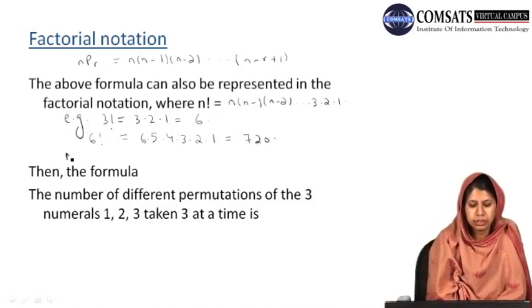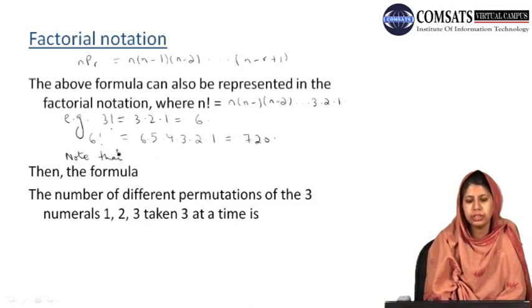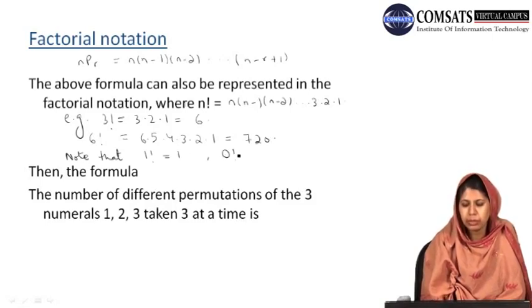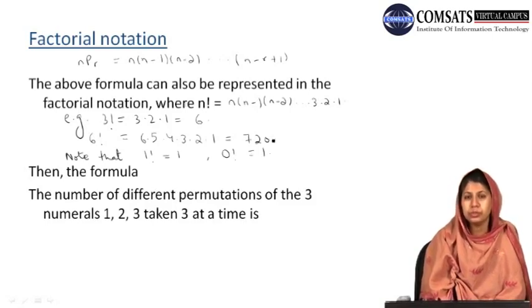Now we note that one important thing about the factorials is that 1 factorial is always equal to 1. And what about 0 factorial? 0 factorial is also equal to 1.